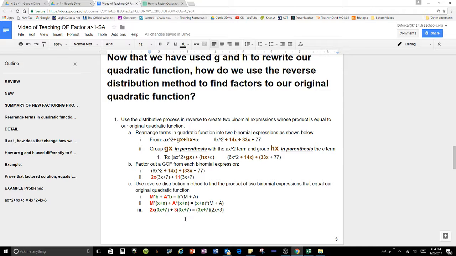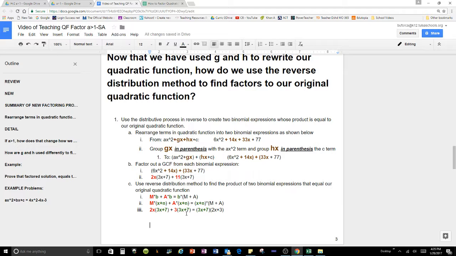Okay? So again, if we have two numbers, 2x and 3, and they're multiplied by the same thing, 3x plus 7, and I brought this down here. You have two numbers, like 2x and 3 are like m and a, and 2x and 3 are both multiplied by 3x plus 7, just like m and a are multiplied by x plus n, and just like m and a are multiplied by b.